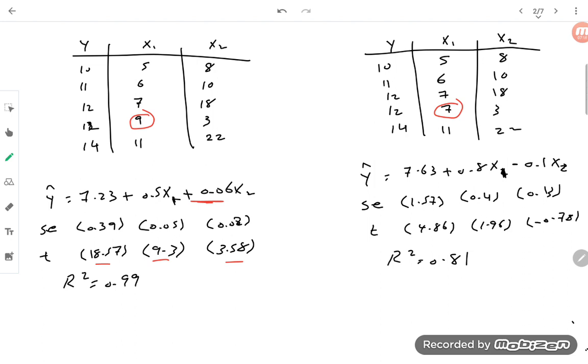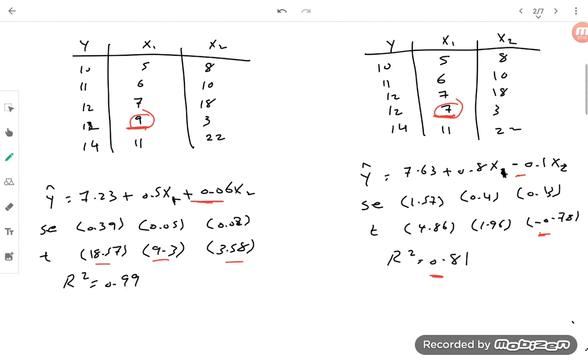While in example number 2, we can realize that x2 is insignificant. x2 has a negative impact on y, and r squared decreased to 0.8. So the value of the parameters and the standard error are highly sensitive to any change in the observations.